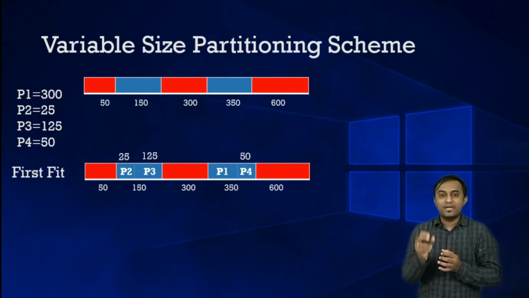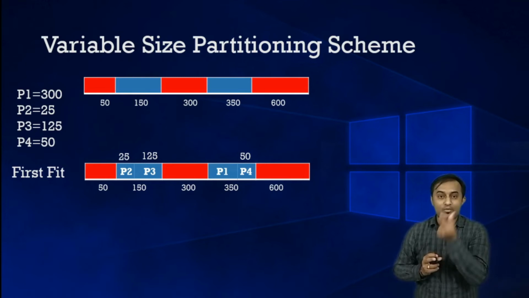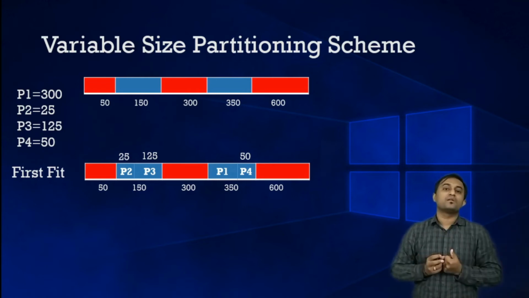The remaining partition can be reused, as we understood in the previous session. Once P1 is accommodated in this block, the remaining size is 50 KB, which can be further reused.